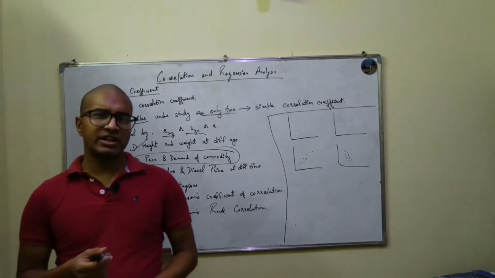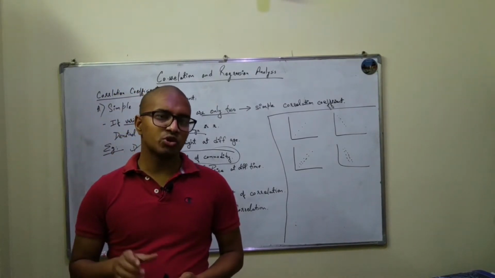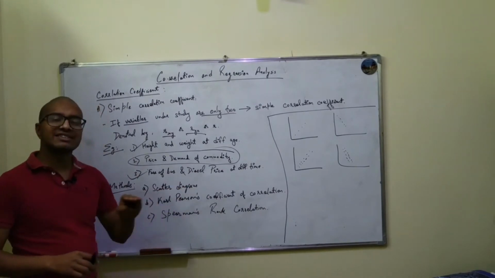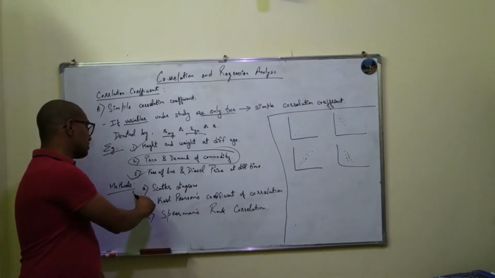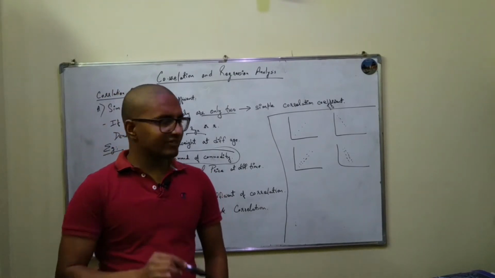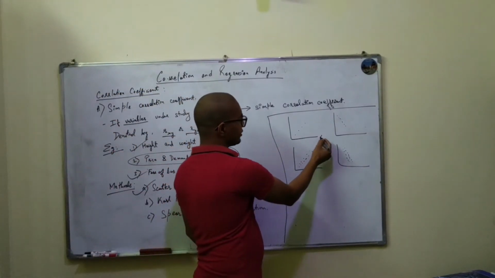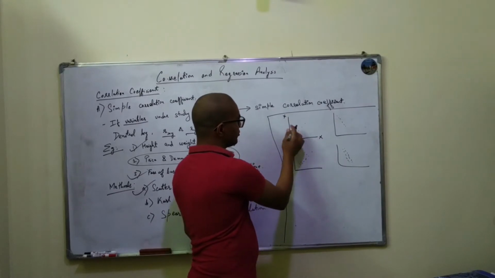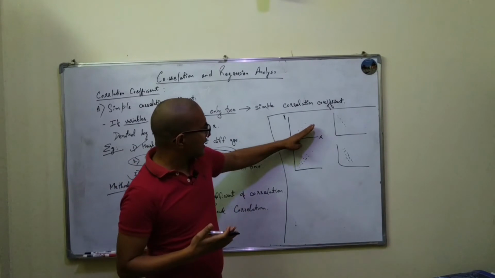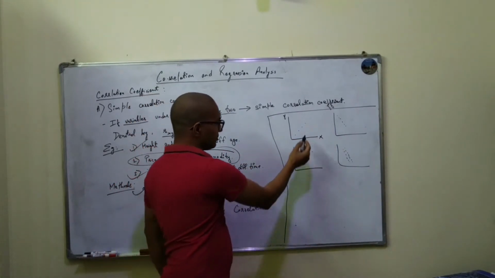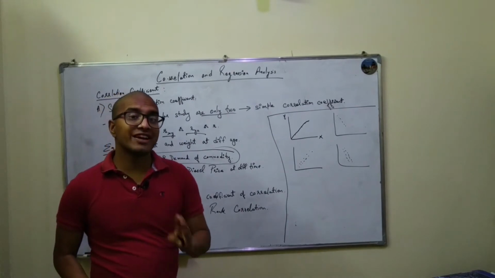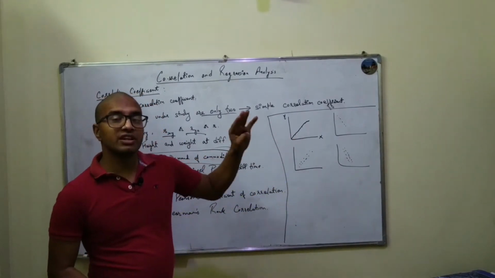There are different ways of finding out how much correlation there is. First, you could use a scatter diagram, where you plot x and y on a graph. If the plotted points are in a perfectly straight line going upwards, they are perfectly positively correlated.